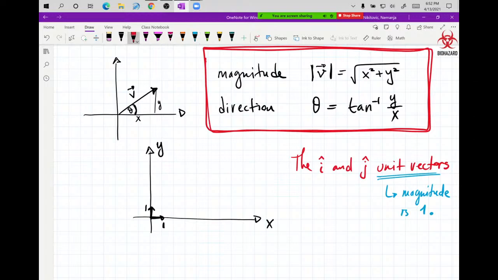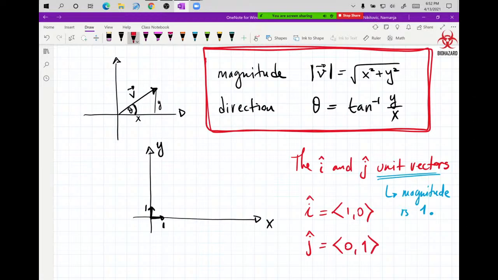Now, unit vector i hat is defined as (1, 0), and j hat is (0, 1).